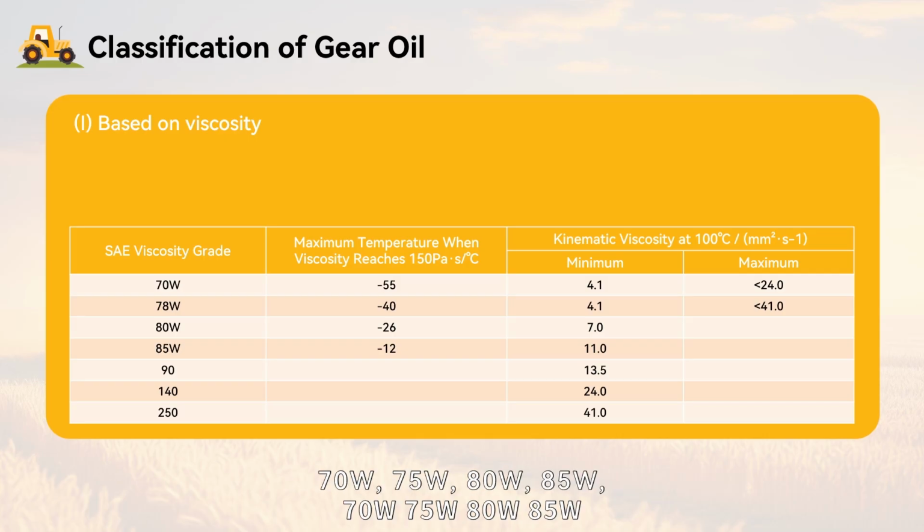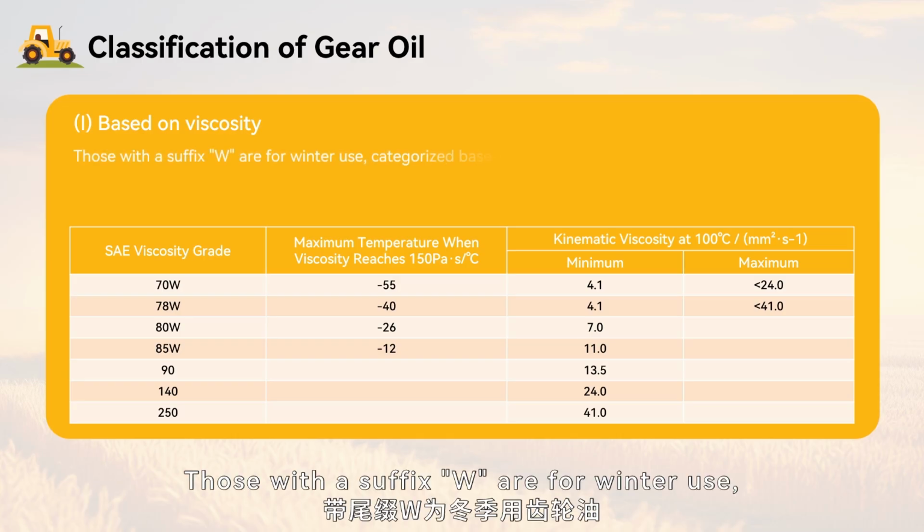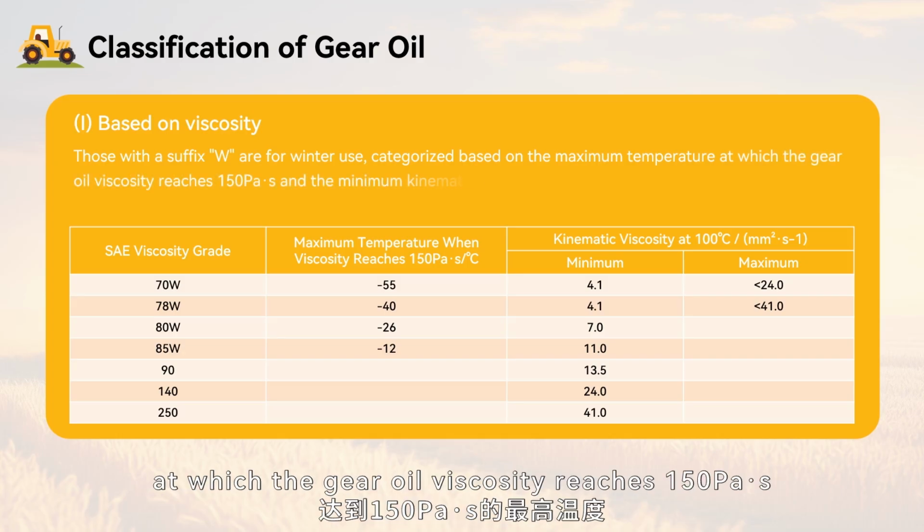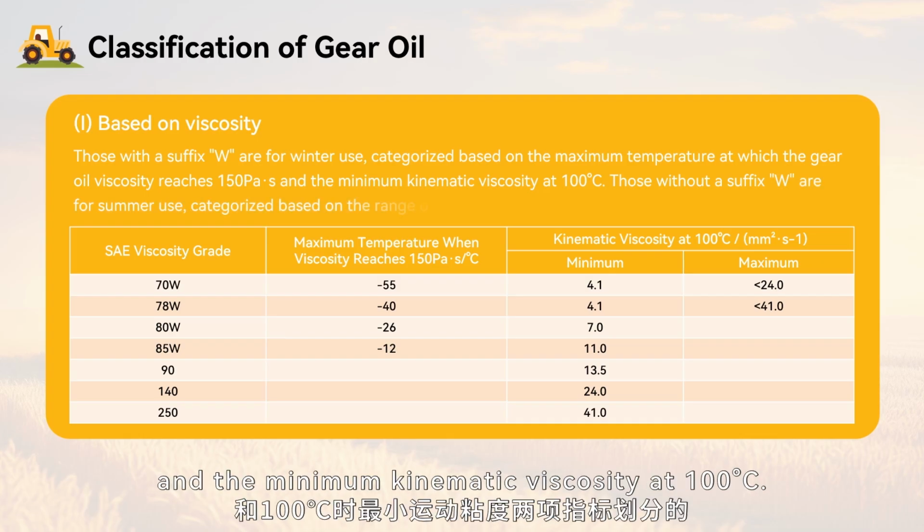70W, 75W, 80W, 85W, 90, 140, and 250. Those with a suffix W are for winter use, categorized based on the maximum temperature at which the gear oil viscosity reaches 150 pascal/second and the minimum kinematic viscosity at 100 degrees Celsius.